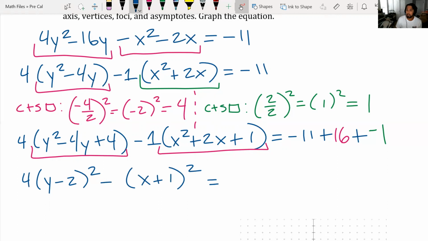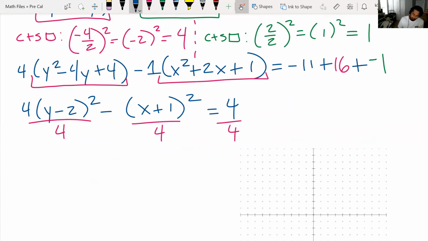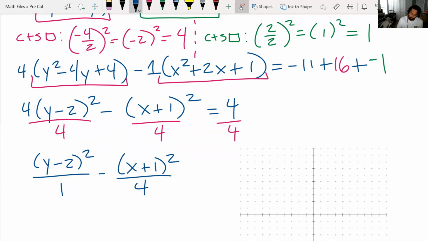Negative 11 plus 16, 5. 5 minus 1, you get 4. Okay. And then to put it in its proper form, divide by 4. And we end up with y minus 2 squared over 1 minus x plus 1 squared over 4 equal to 1.